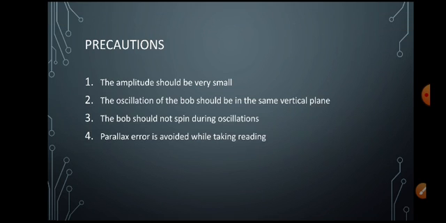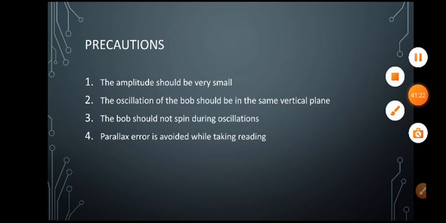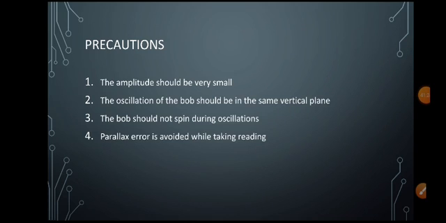So the questions raised on this simple pendulum experiment are three or four questions. One is: determine the gravitational acceleration, or acceleration due to gravity, at your place.